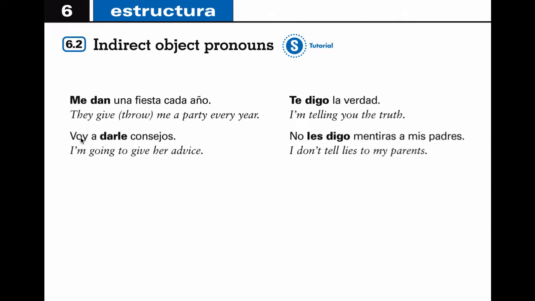Voy a darle consejos. Okay. Te digo la verdad. No les digo mentiras a mis padres. Okay, so we see here that the verb dar is very, very common, and very useful when discussing indirect object pronouns.